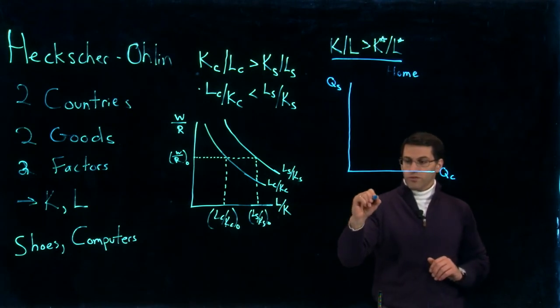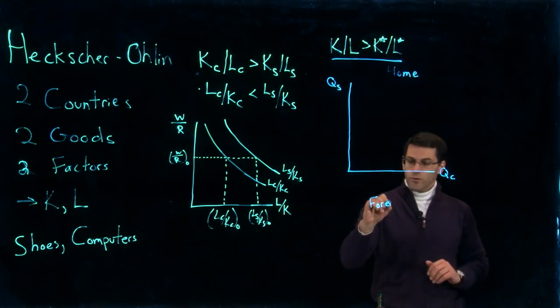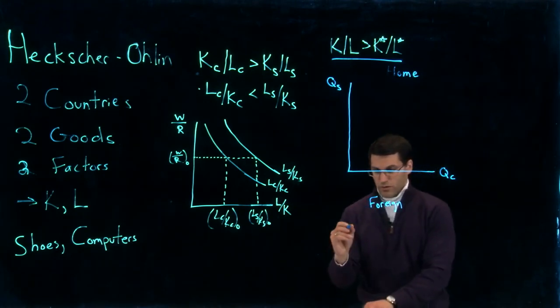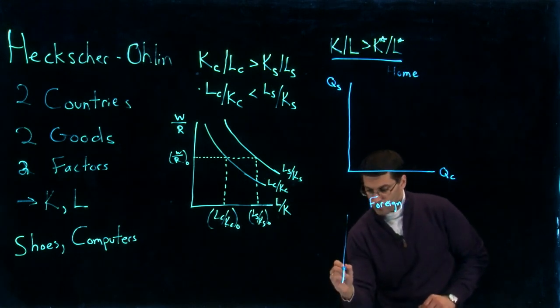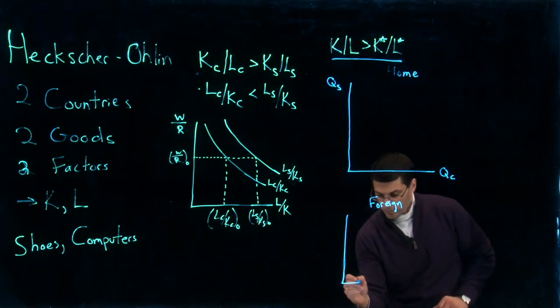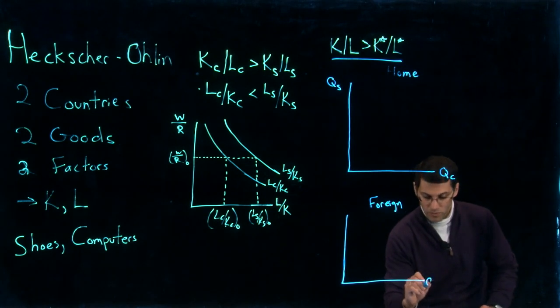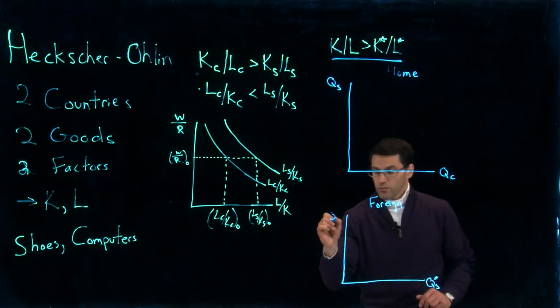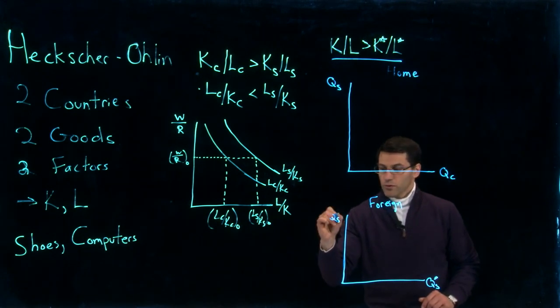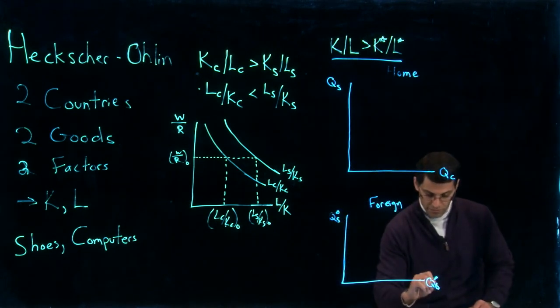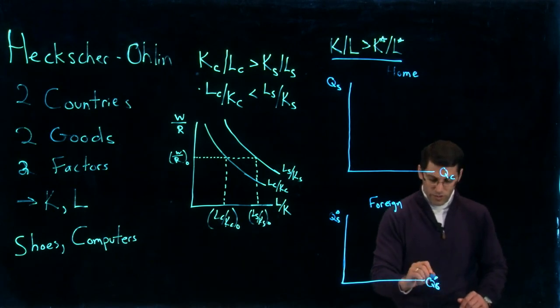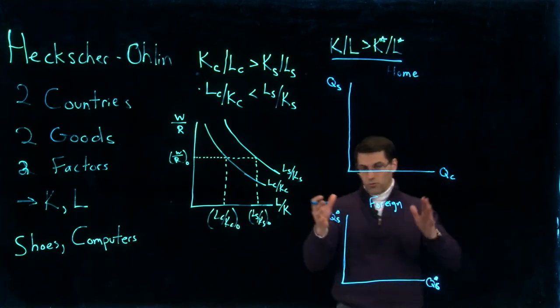And then down here we'll have the graph for foreign, again with quantity of computers and quantity of shoes. So we've got our two graphs set up.